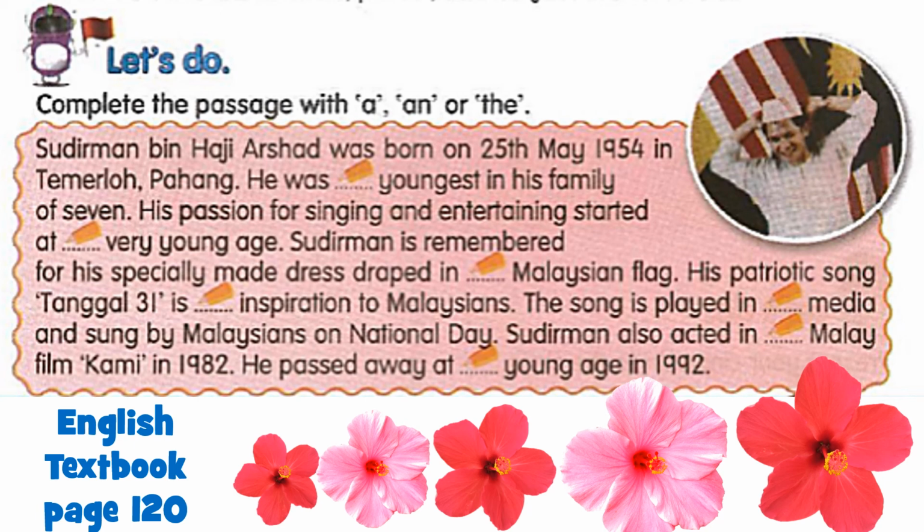Sudirman bin Haji Arshad was born on 25th May 1954 in Temerloh, Pahang. He was blank youngest in his family of 7. Youngest, paling muda. Should we put a, an, or the? Yes, the answer is the. He was the youngest, yang paling muda.